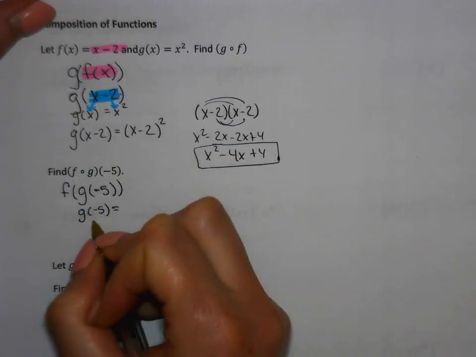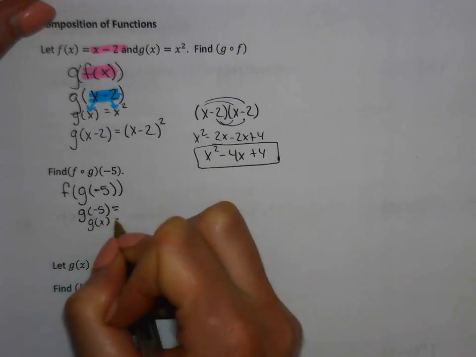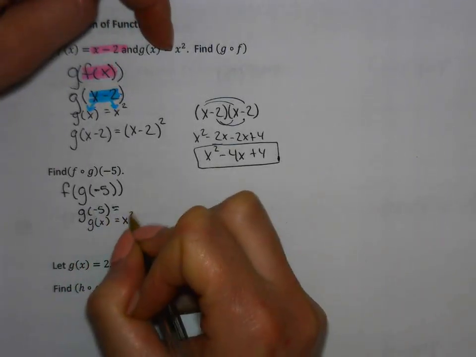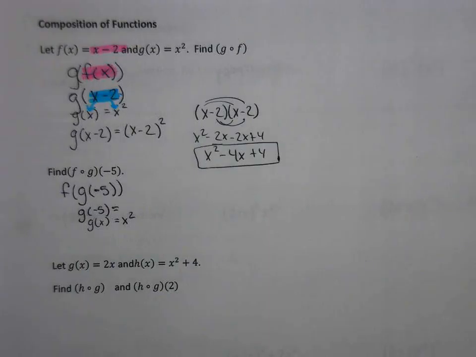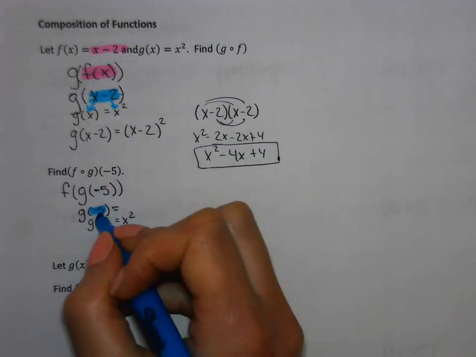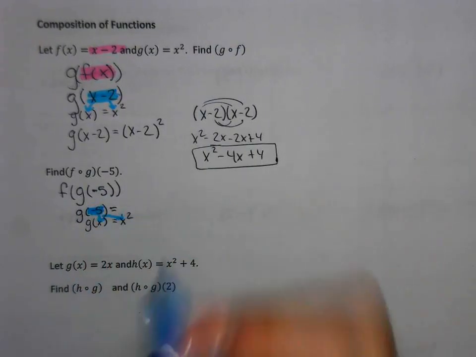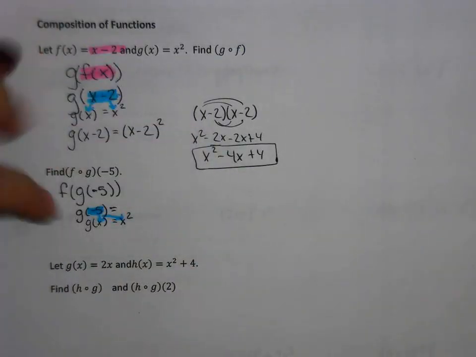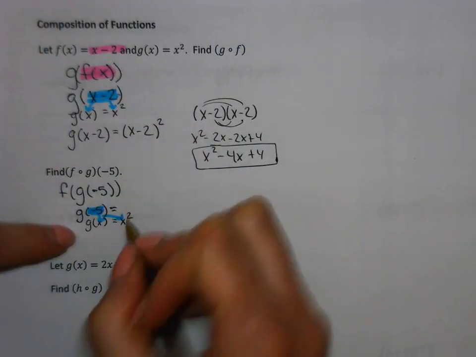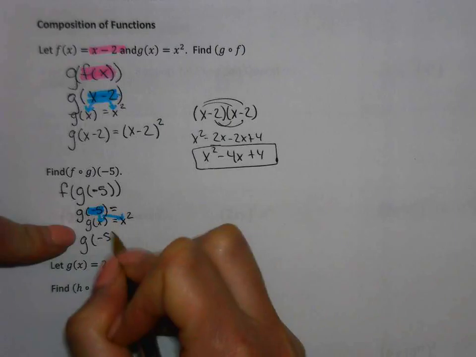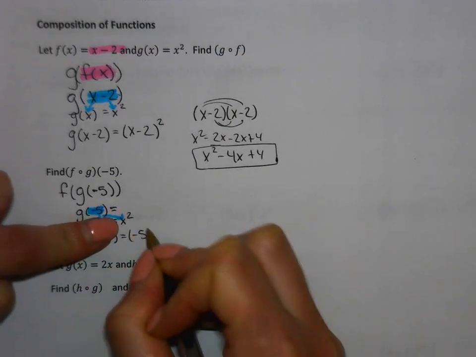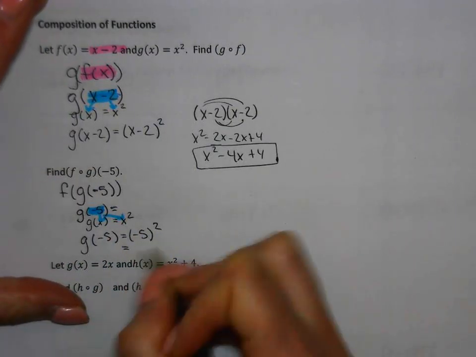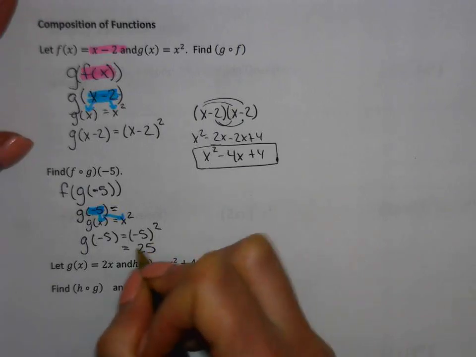We know that g of x originally equaled x squared. So that means we take whatever you see in x and we're replacing it with our negative 5. So g of negative 5 equals negative 5 squared. And negative 5 squared is 25.